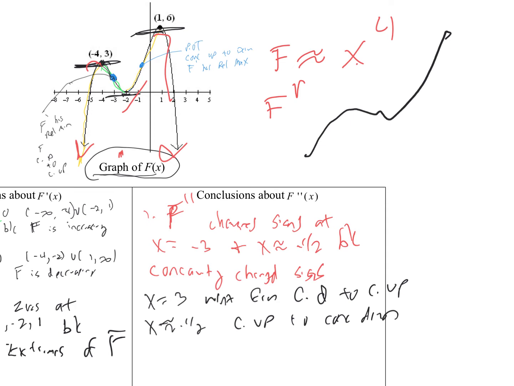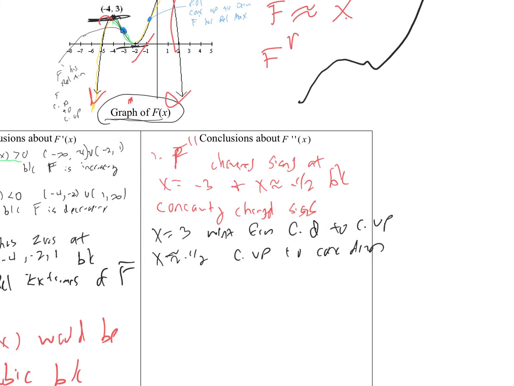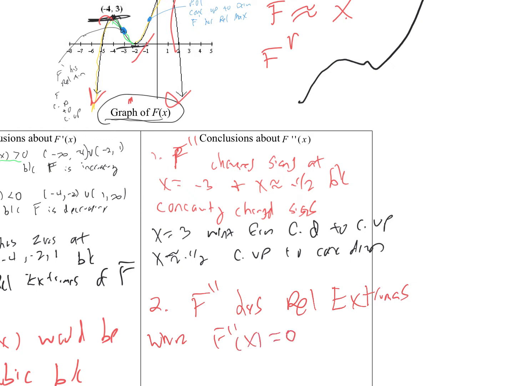That means, at the points of inflection, f double prime has zeros, where f double prime of x was equal to 0. That's not extremas, those are zeros.